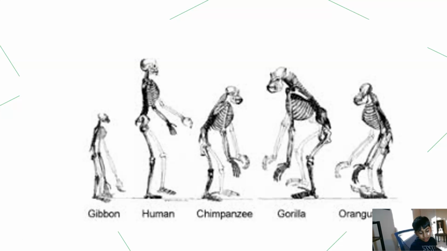But what happened was when Africa lost its trees, humans, chimpanzees, and gorillas had to adapt, and they adapted to get to these certain feet, okay? And why we weren't able to climb is that we adapted to become ground dwellers.